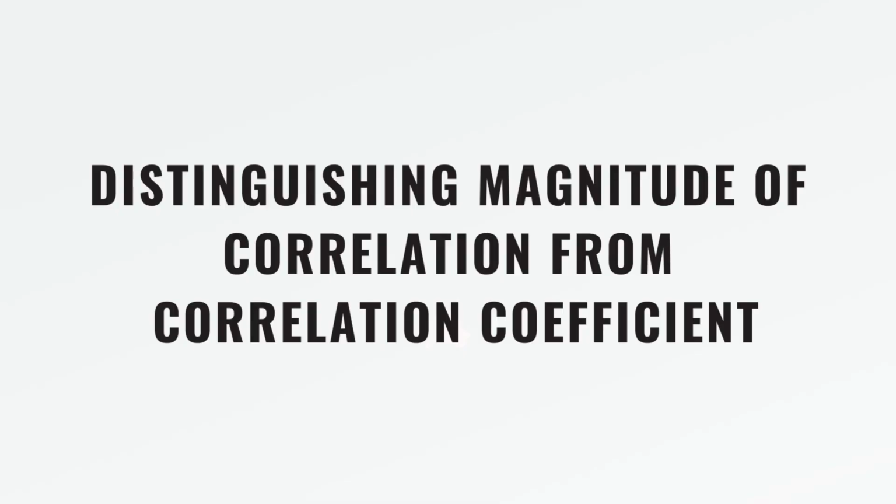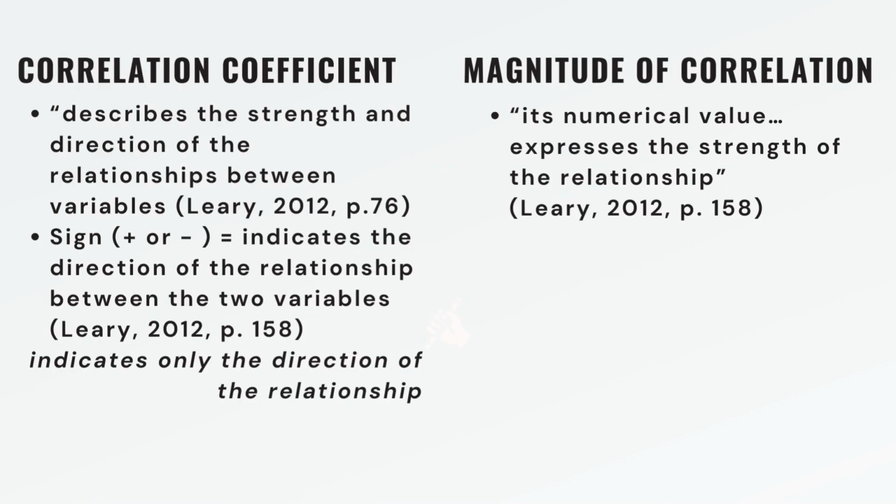Now, let us distinguish magnitude of correlation from correlation coefficient. But first, what is a correlation coefficient? Leary stated that the correlation coefficient describes the strength and direction of the relationship between variables. According to him, when interpreting a correlation coefficient, a researcher considers two aspects of the coefficient: its sign and its magnitude.